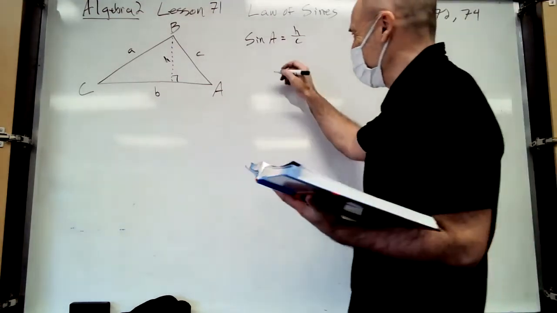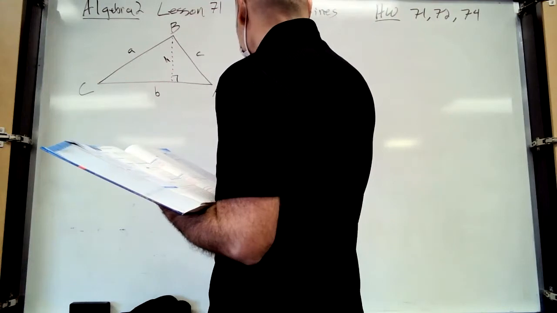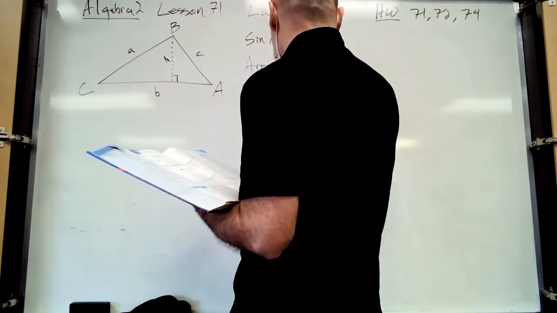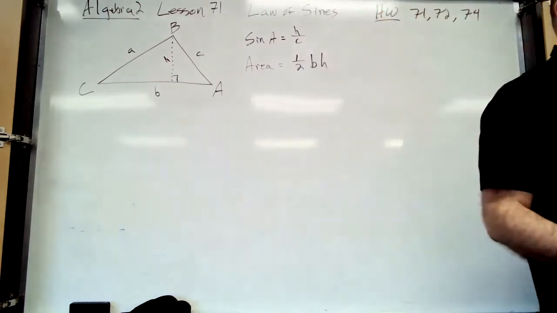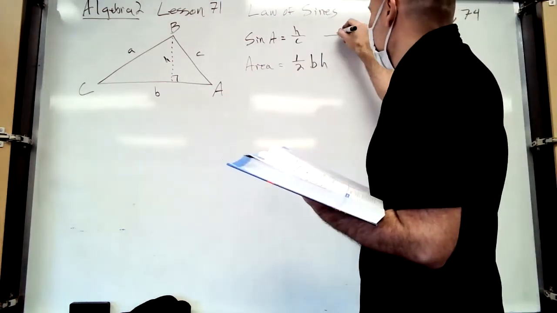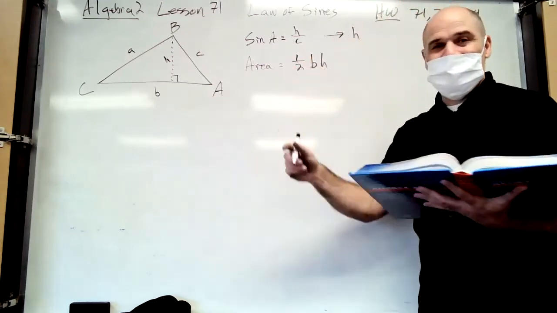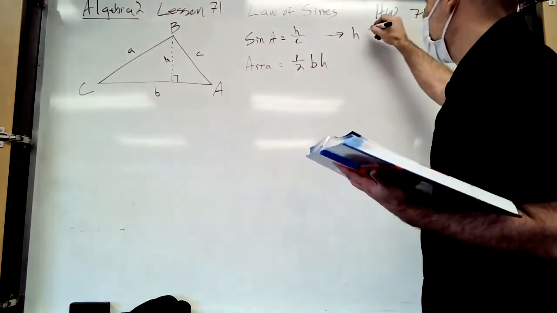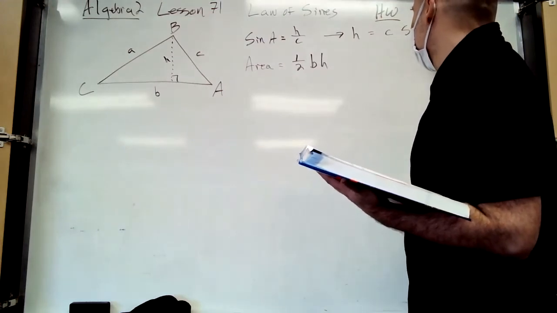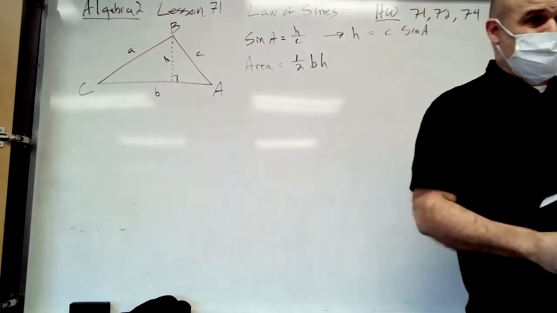So to find the area, it's 1/2 base times height, right? Well, in this case, B is the base and H is the height. So what's the height? If I multiply both sides by C, the height equals C times the sine of A, right?